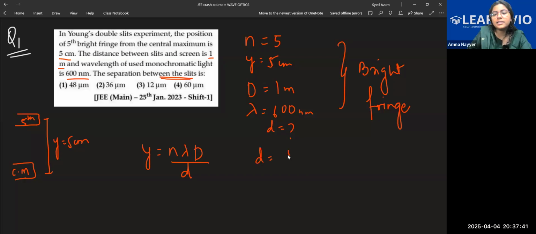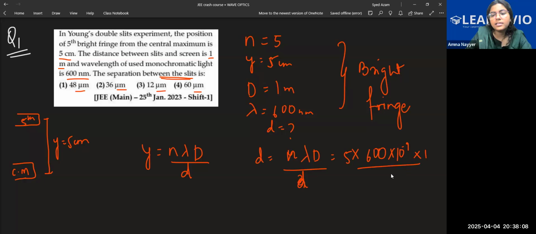Small d will be n lambda capital D by Y. So this will be 5 into 600 into 10 to the power minus 9, because nothing else is given, but the answer is in micrometer, so keep that in mind. Capital D is 1 and Y is 5 centimeters. So 60 micrometers. The answer will be 60 only because 5 will be cancelled. Yeah. Write it.